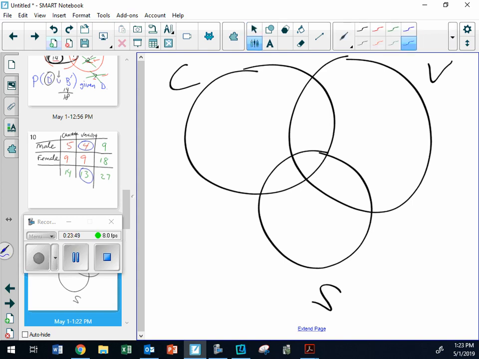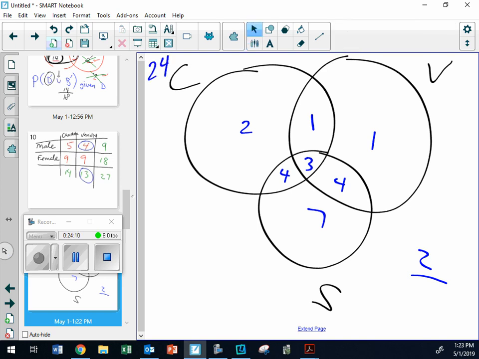And let's say that changed everything, and it goes like this. Now, there's only 24 people because apparently somebody ran screaming out of the room because the choice was just too difficult. So there's 24 in there.